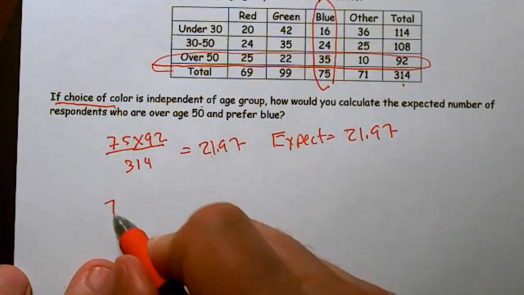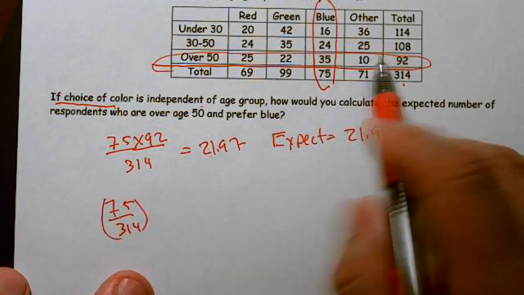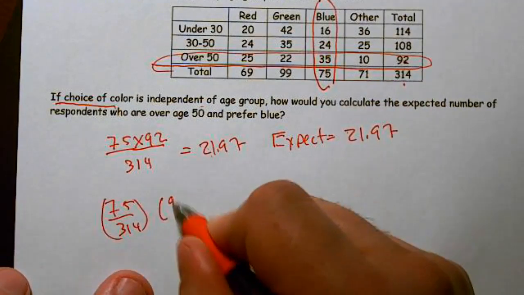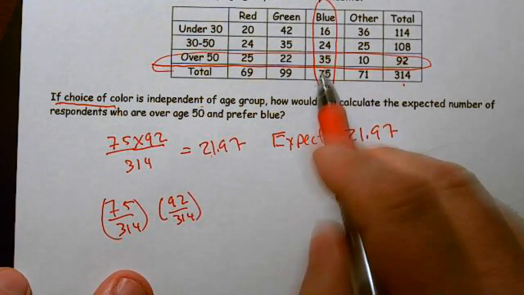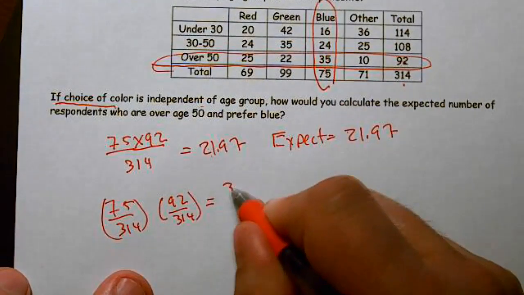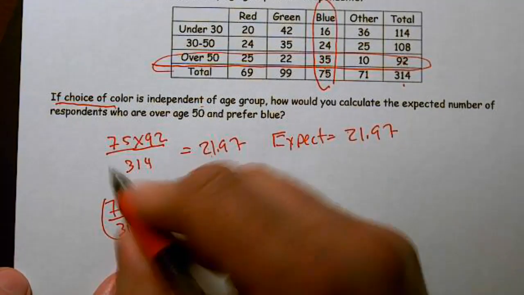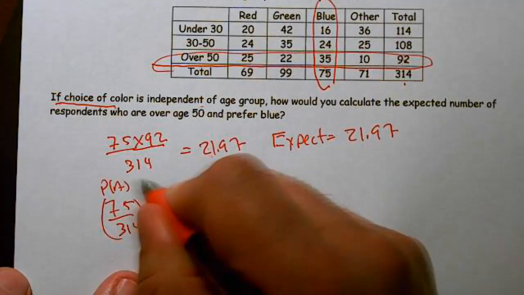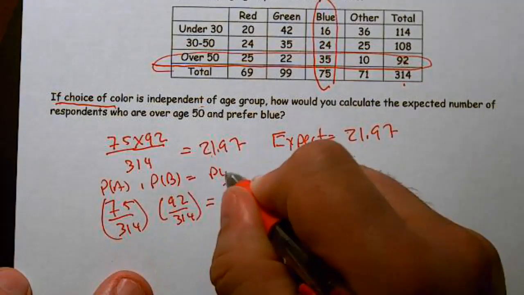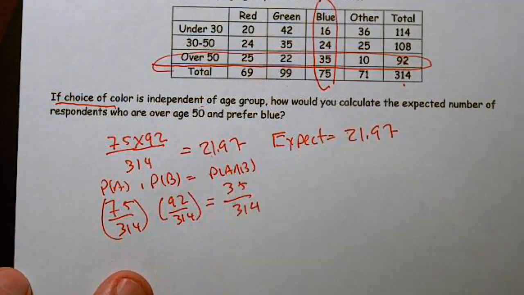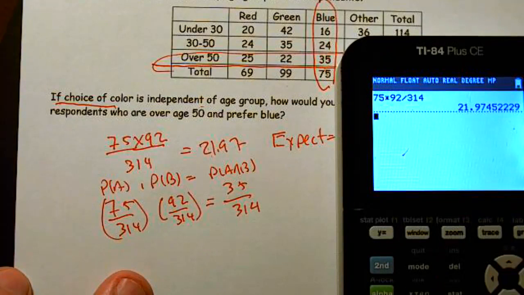If I wanted to check independence, I'd probably do this. I'd probably go 75 over 314 times 92 over 314 and check to see if it equals the intersection, which is 35 over 314. And what I'm doing here is the probability of A times the probability of B equals the probability of A and B if they are independent.